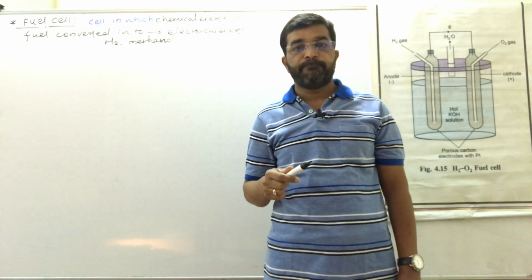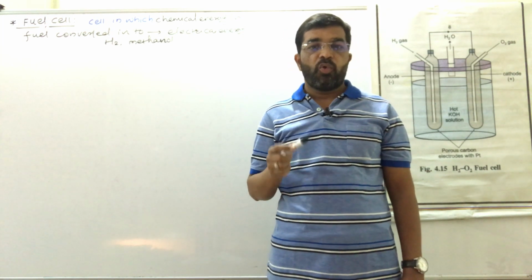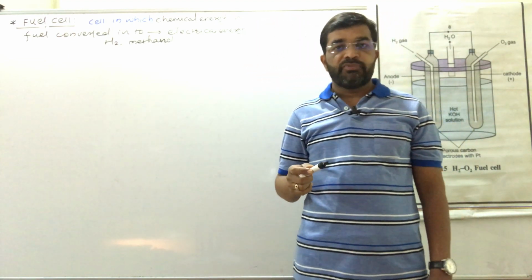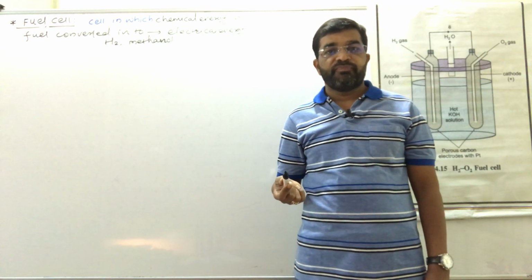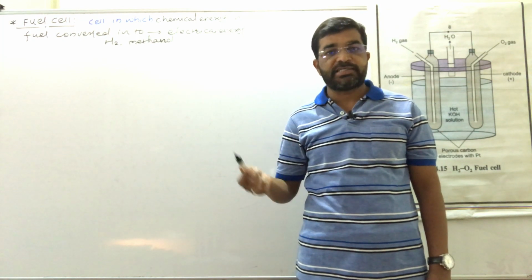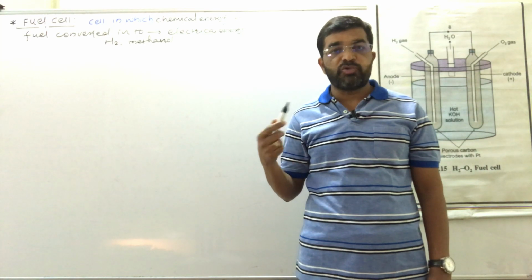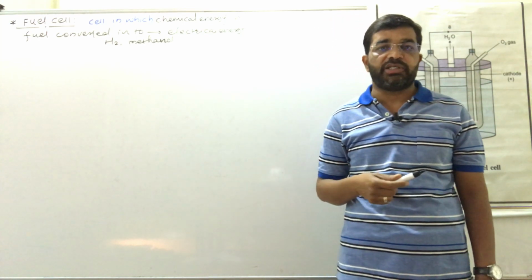Coal also. In a thermal power plant, coal is burnt, and the energy released vaporizes water, and those water vapors are used to rotate the turbines and generate electricity.